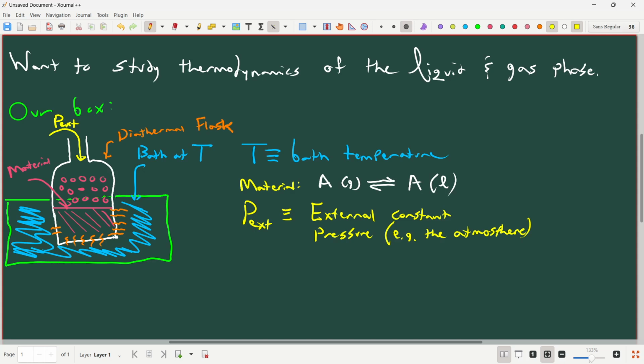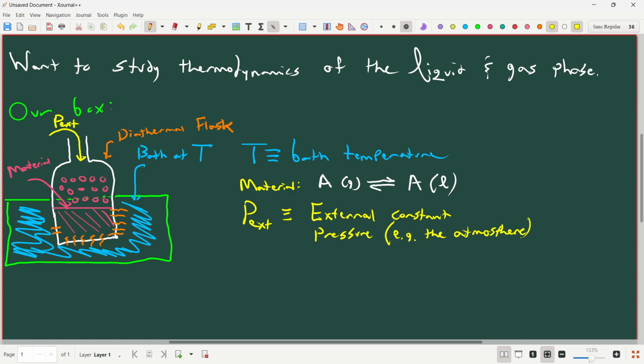Now we want to come up with a function that allows us to describe the box. We have a pressure, a number of molecules, a temperature. We need some function that gives us, say, the energy of the system, a state function, something we can track, calculate integrals on, that's path independent, that allows us to track changes in energy in the system.